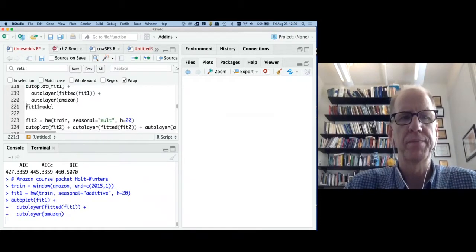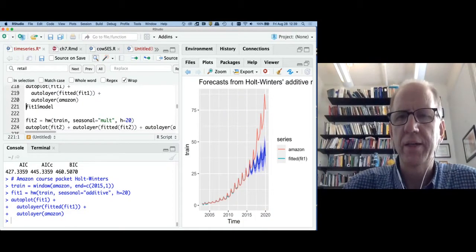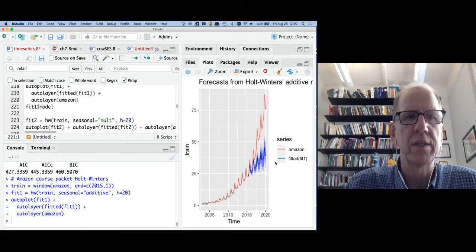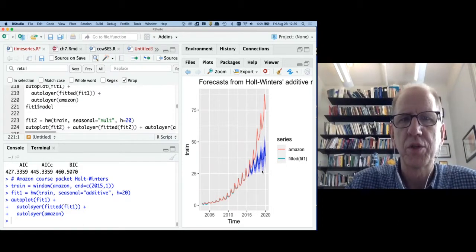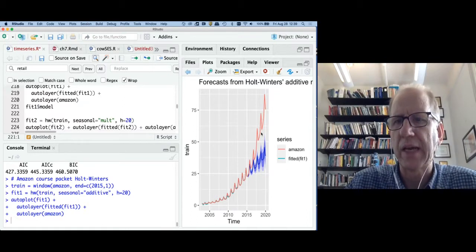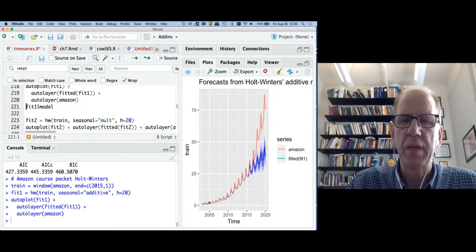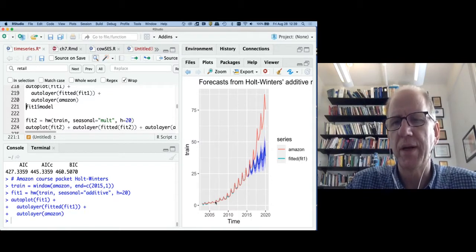Let's go look at our Autoplot, and the way I've set this up, the red line is showing the original observed data, and then the blue line is going to be the fitted data. What we notice in the plot is the fit is not very good.